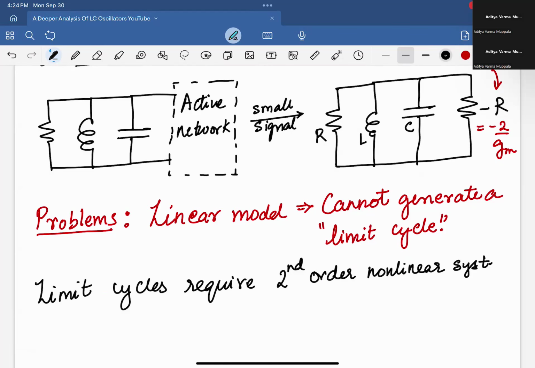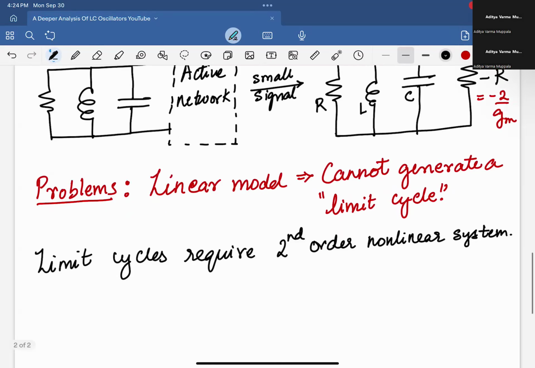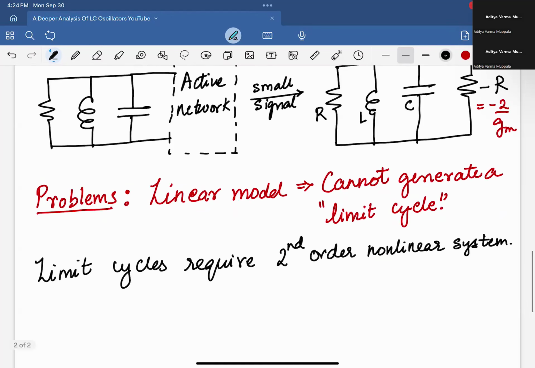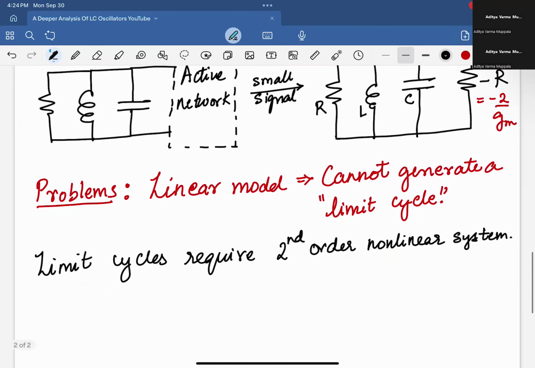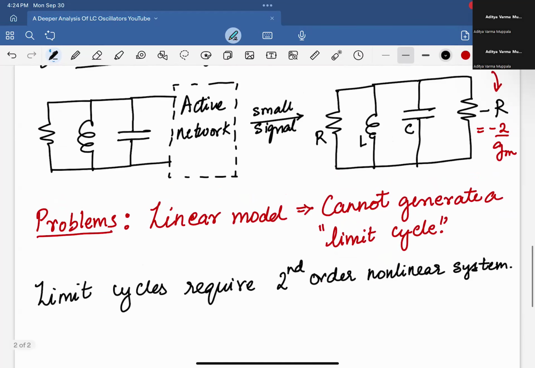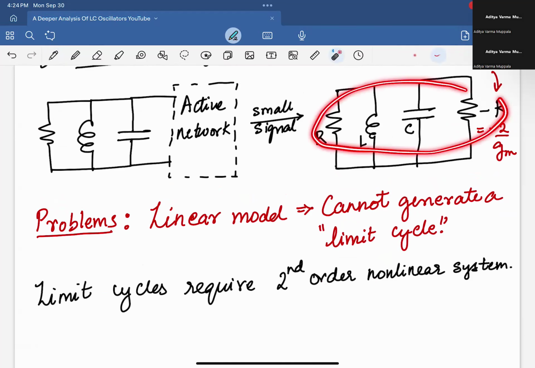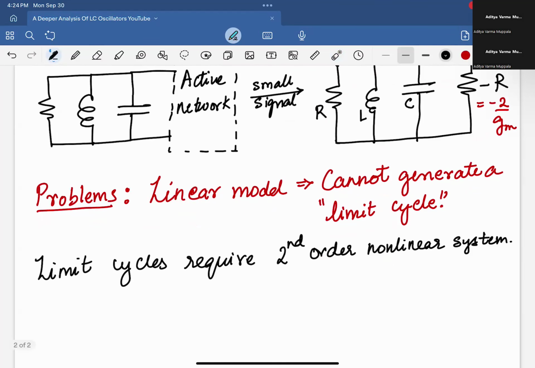So in this case, it's second order already because you have an L and a C, and you can specify the current through the inductor and the voltage across the capacitor separately. That's what makes this second order. You can also write the differential equation for an LC network, and you'll see that it's a second order differential equation, but it's not nonlinear, of course. It's linear, right? Because all of these components are linear. So it clearly cannot generate a limit cycle.